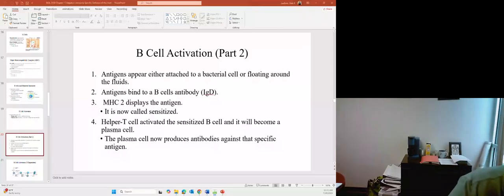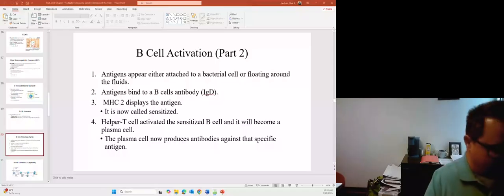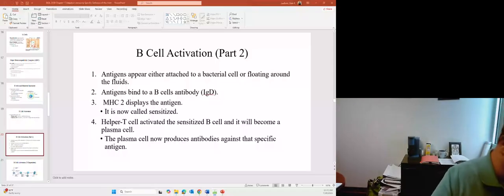Now, when that shows up, this B cell is going to take this antigen and internalize it. Then it's going to make a molecule called an MHC2. Remember, that's released from immune cells.